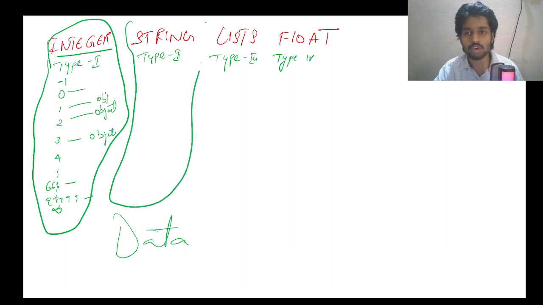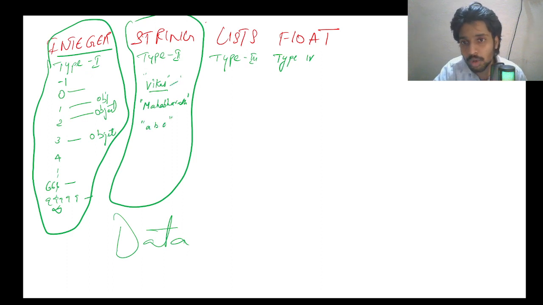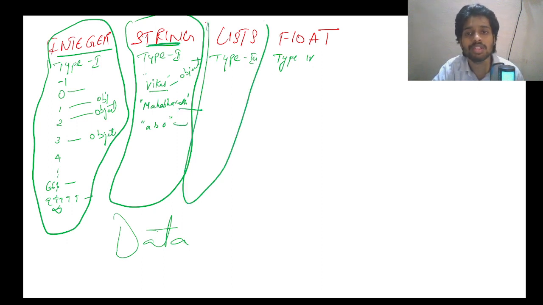Let's talk about string. My name is Vikas. Vikas is a string. Mahabharat is also a string. ABC is also a string. These are the objects. String is a type; these are objects. The same goes with list.